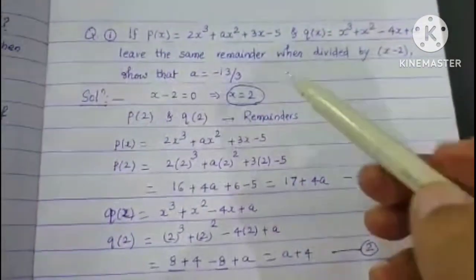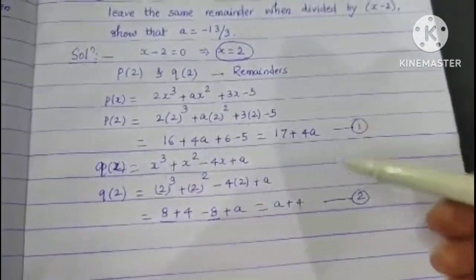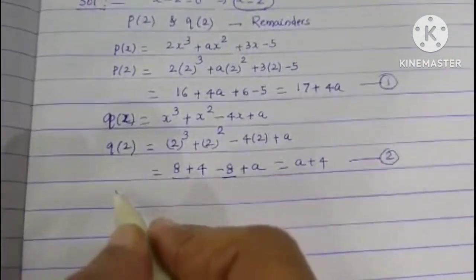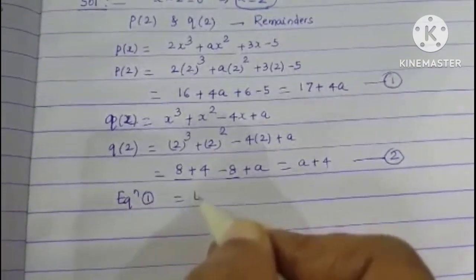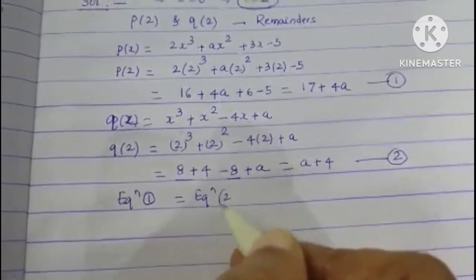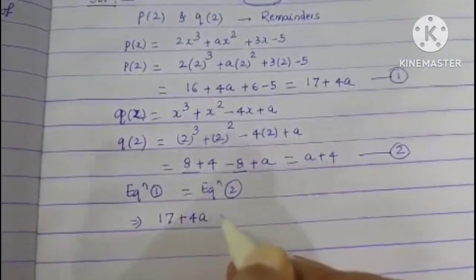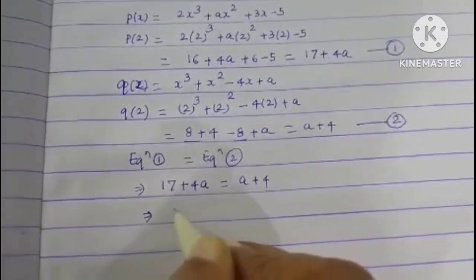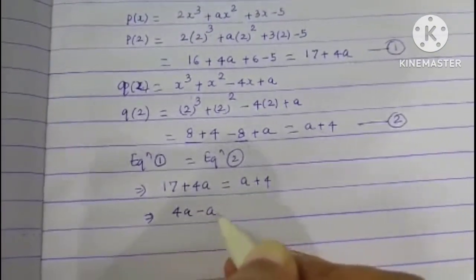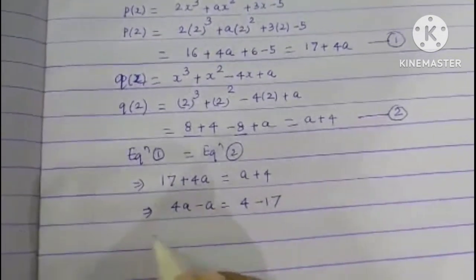Now according to the question, it gives the same remainder, so equation 1 is equal to equation 2. This implies 17 plus 4a is equal to a plus 4. This implies 4a minus a is equal to 4 minus 17, 17 this side, a this side.